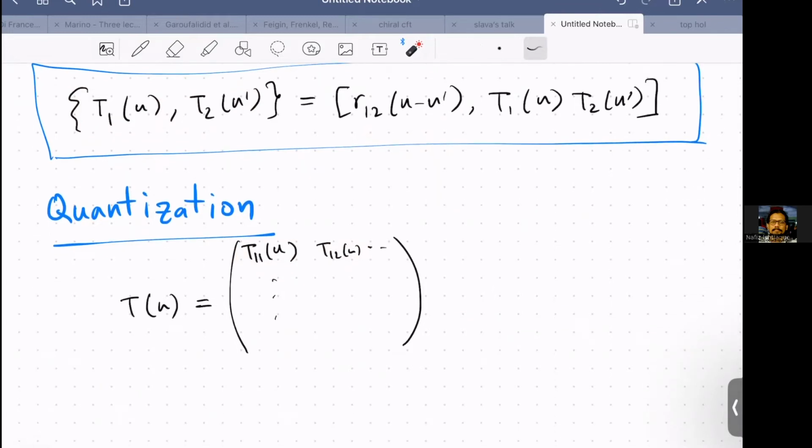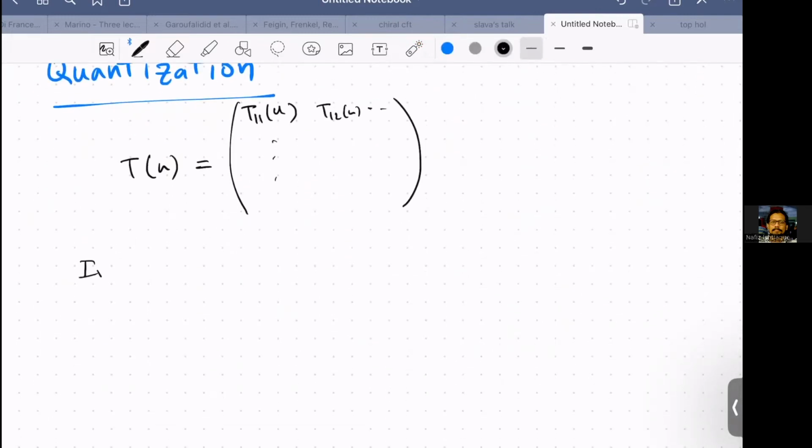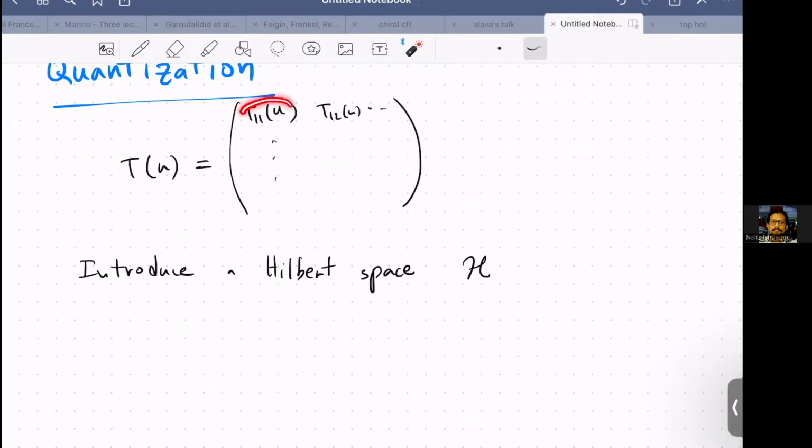Our basic idea now is that we shall introduce a Hilbert space, and we shall promote these coefficients to operators on this Hilbert space. You cannot say that T itself becomes an operator on the Hilbert space, because this is not just a simple function on phase space.